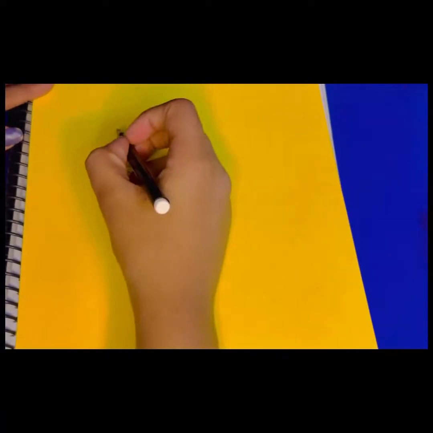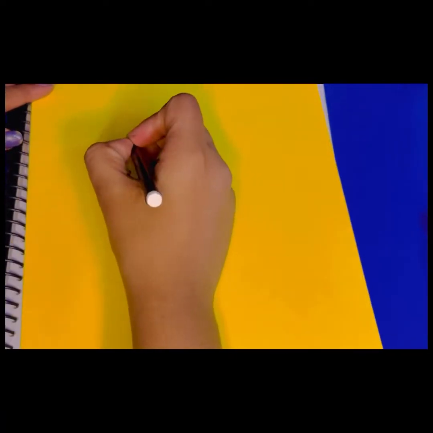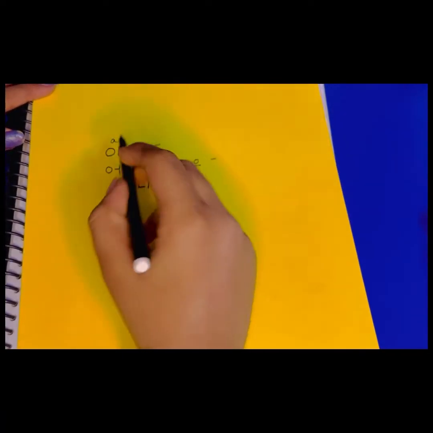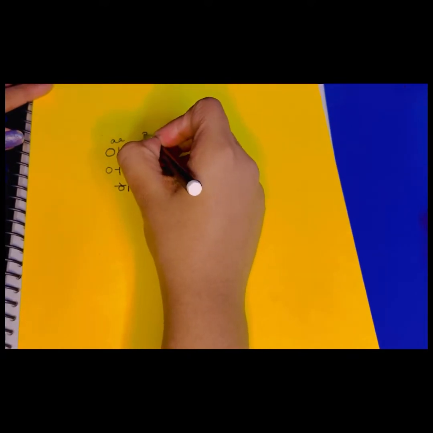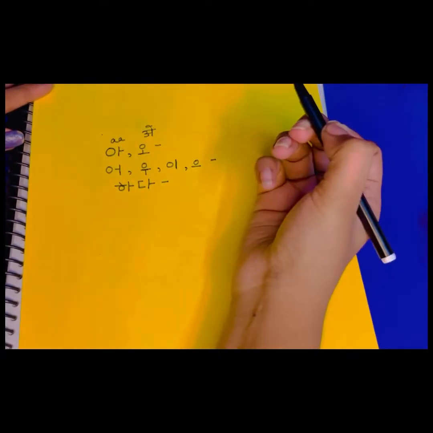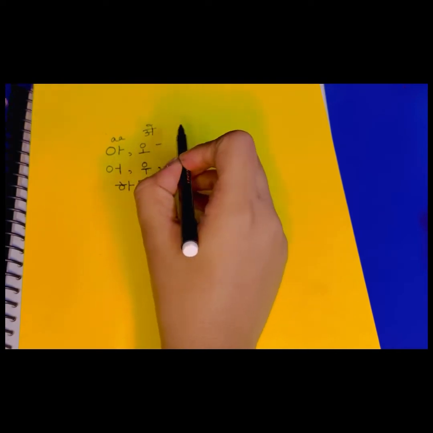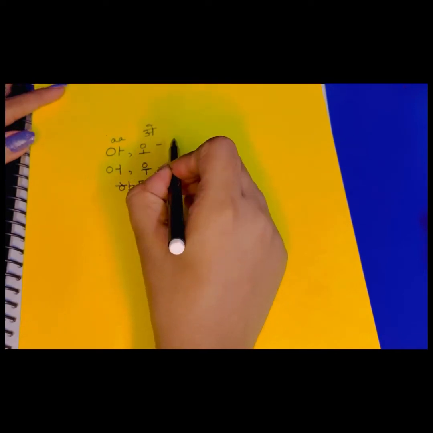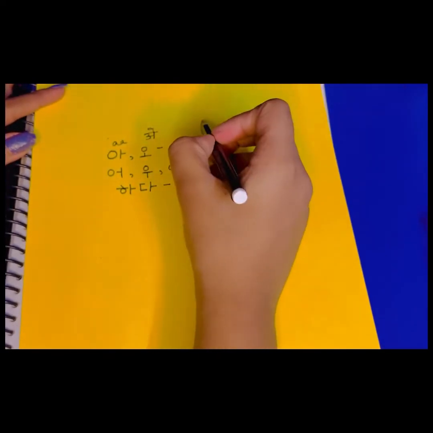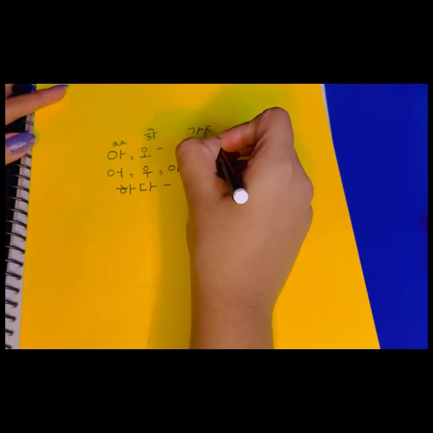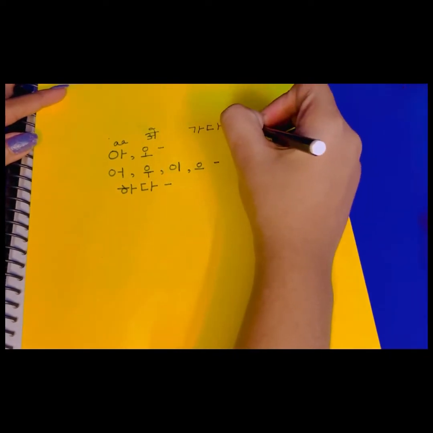You can see this is the vowel a, and this one is o. So a and o, whenever a word ends with a and o, when you remove da, for example, the word khada. Khada means to go.